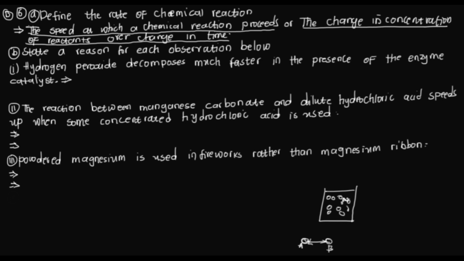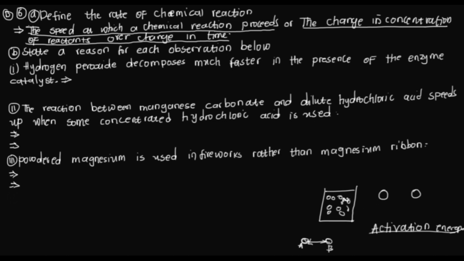Like I said earlier, for these two particles to collide, there is a certain amount of energy that they should possess, and this energy is known as activation energy. Until they reach this activation energy will the reaction start to take place.